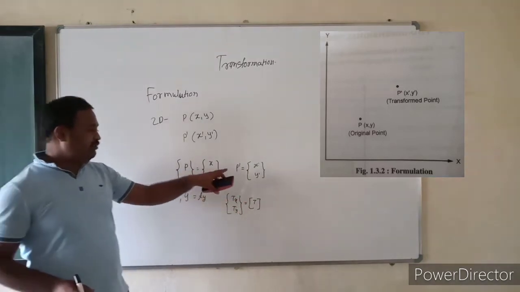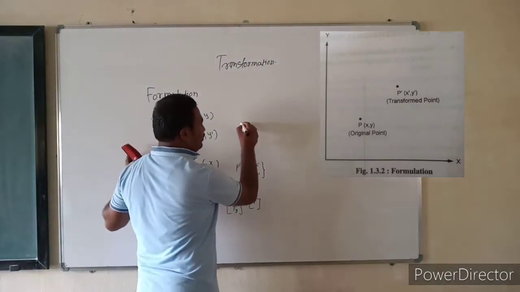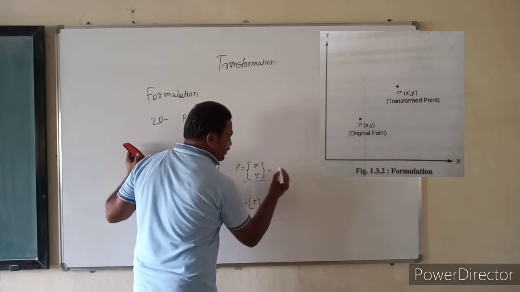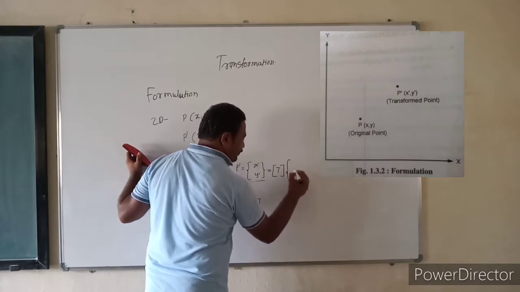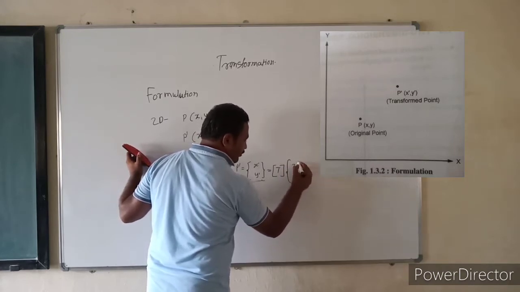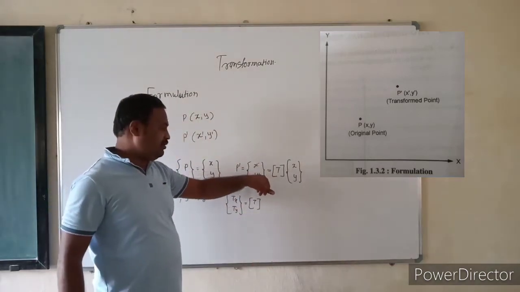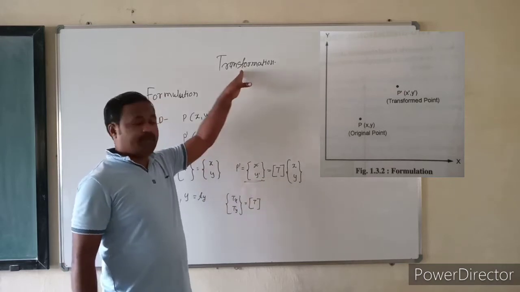For finding the value of x dash, y dash, it is equal to the transformation matrix into x and y. Then we will get the value of x dash, y dash. This is the formulation of transformation.